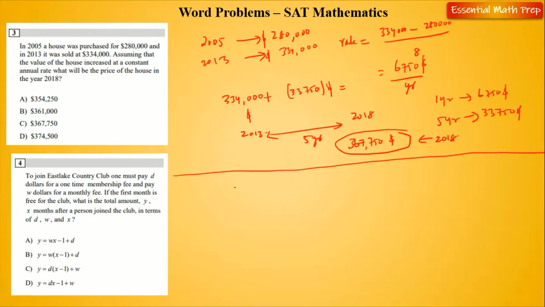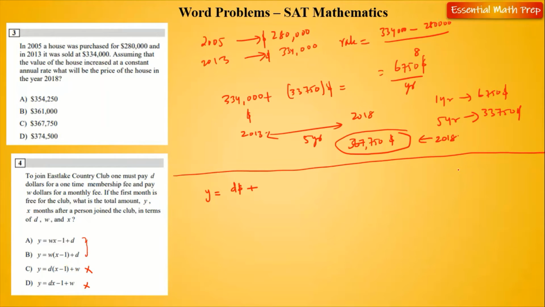There's a flat fee of D dollars, which means whatever you're adding in terms of monthly fee for the months you are a member must be added to D. So right away, we can eliminate choices C and D because they're adding W instead of D. D is a flat fee, and we know Y is the total amount we need. So this part is already done. We just have to determine whether it's A or B, right?